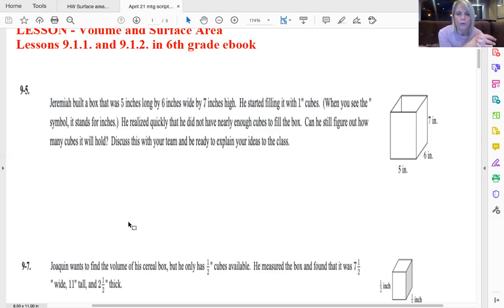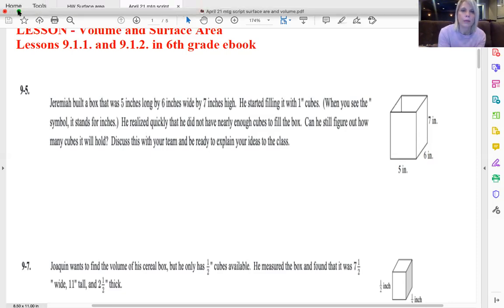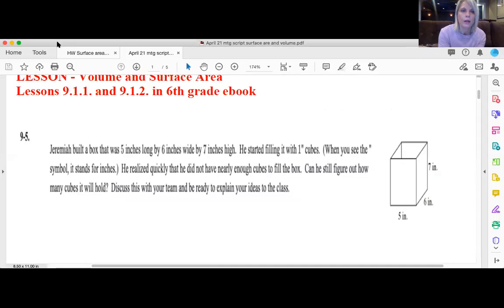I'm going to give you a few more seconds and I'm going to go over what you all typed in. Also, I'm going to get my drawing tool out. Oh, it's not going to let me draw on this.